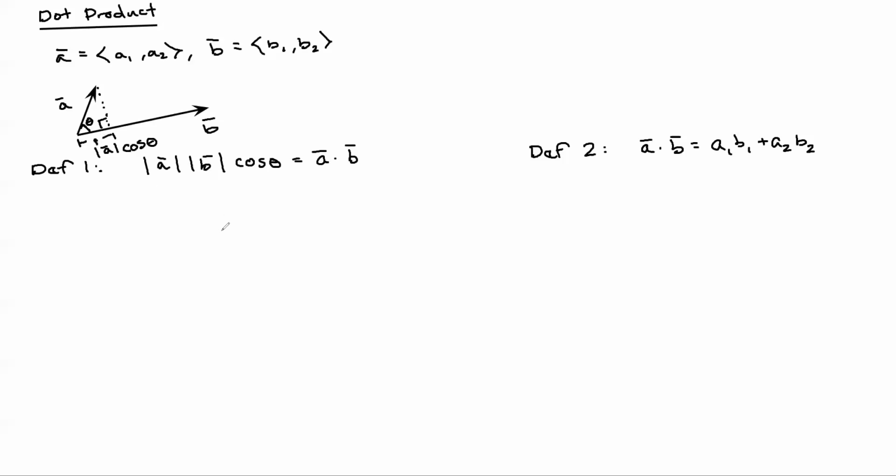So that's that piece there. And so you can rewrite the left-hand side as the length of A cosine theta times the length of B equals A dot B.